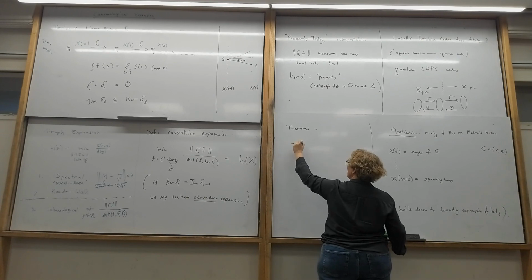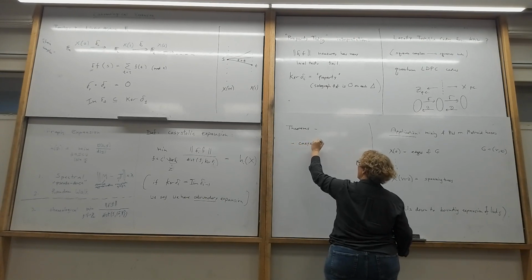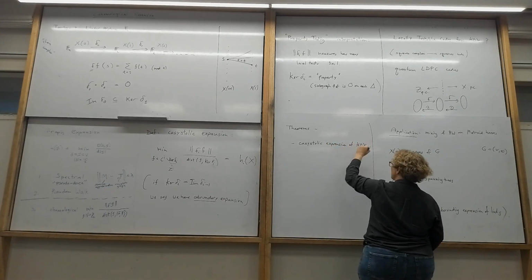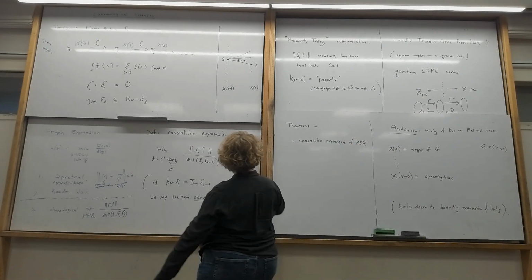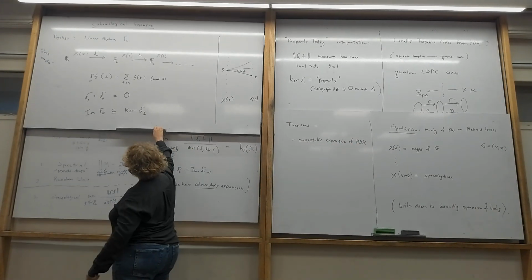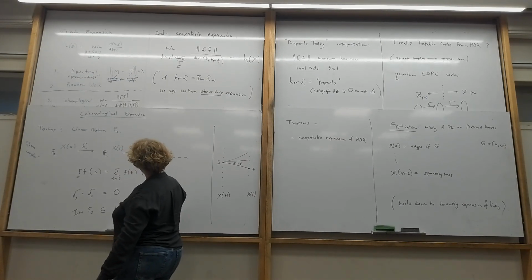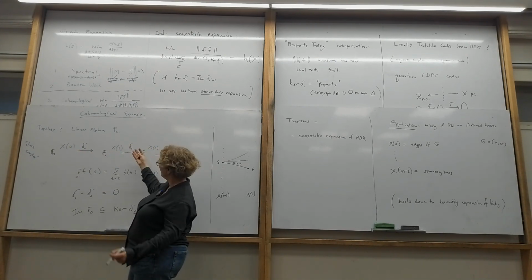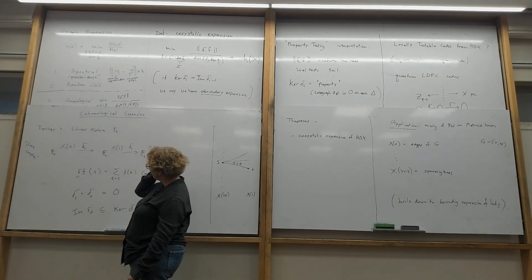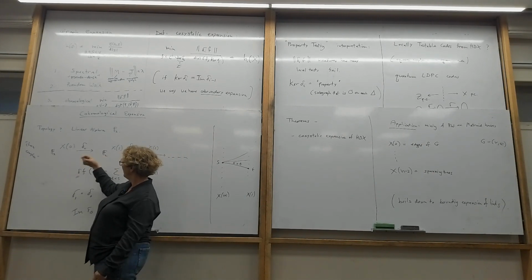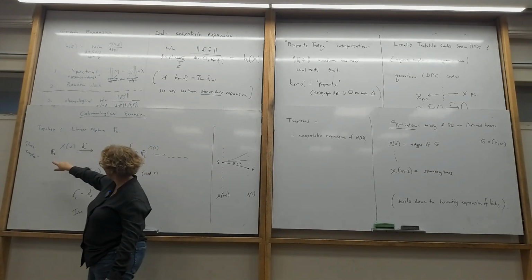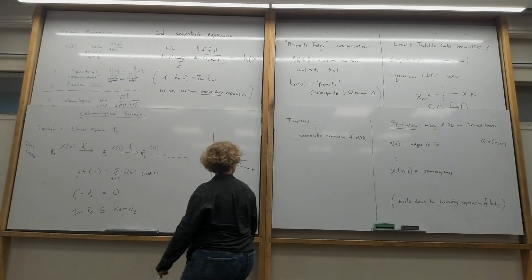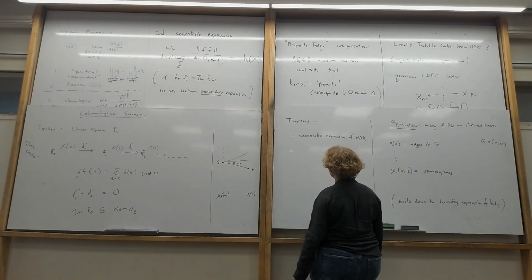One was cosystolic expansion of HDX, basically proving under certain conditions the map, if you have an HDX X, it's a simplicial complex. It's a link expander, for example, and if you know something special about its links, co-boundary expansion, then you can prove that this complex has cosystolic expansion, and we discussed this proof a little bit.